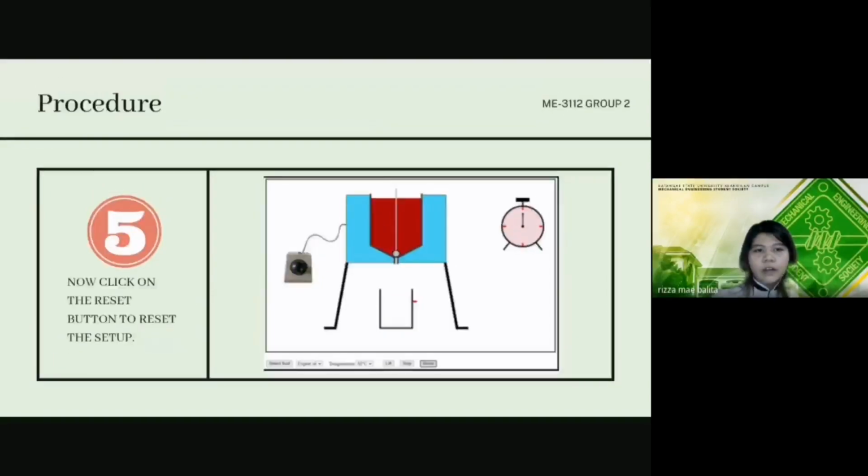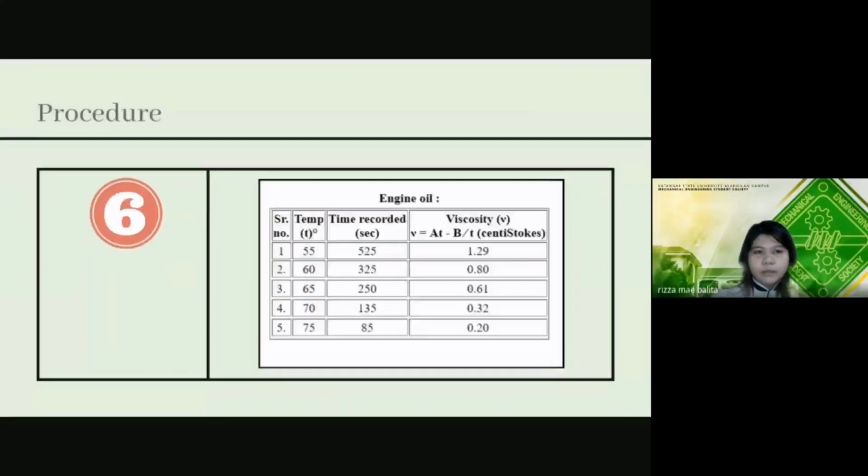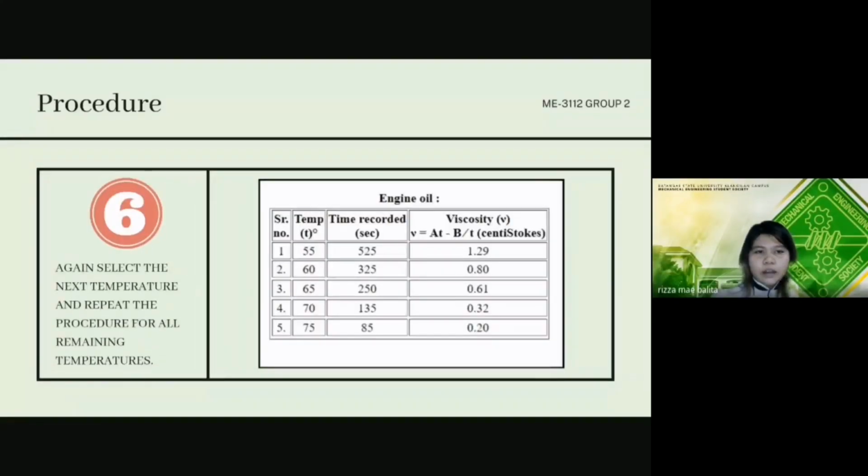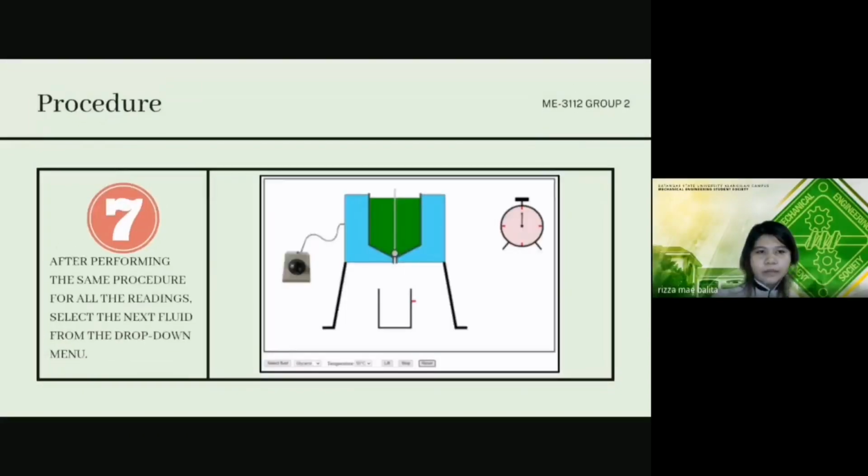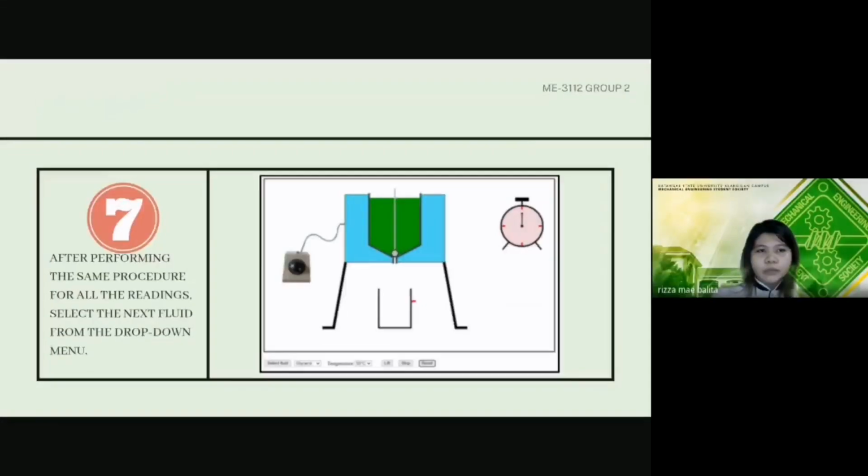Fifth, now click on the reset button to reset the setup. Sixth, again, select the next temperature and repeat the procedure for all remaining temperatures. Seventh, after performing the same procedure for all the readings, select the next fluid from the drop-down menu.